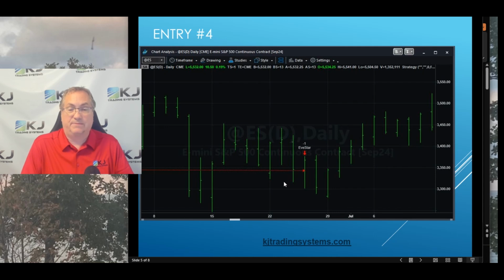Here's an example, and you can see it's a big bar here, so that's not what you would consider a doji bar, where the doji is a smaller bar. But this one says, hey, this was an evening star, I'm going to sell short. This particular trade with these particular settings worked for a couple of bars, and then it turned out not to be a good trade.